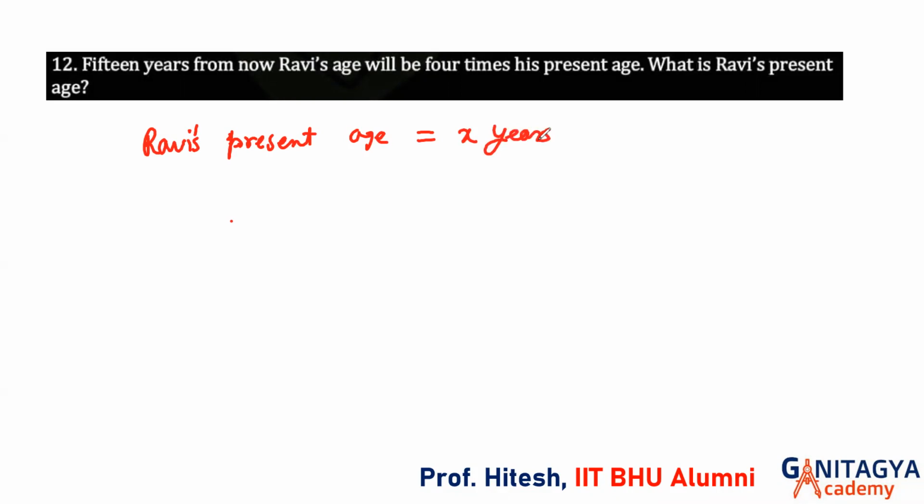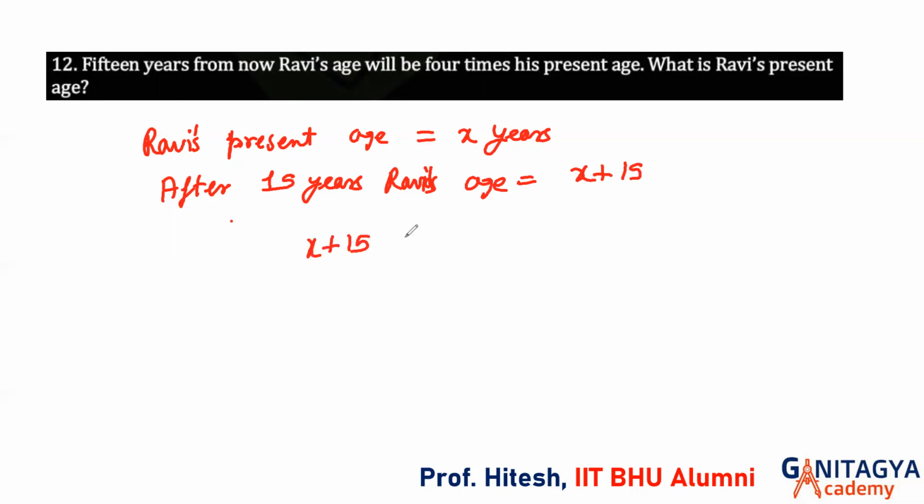Okay, after 15 years, the age of Ravi will be x plus 15. And it is given that after 15 years, his age will be 4 times the present age. So what does it mean?